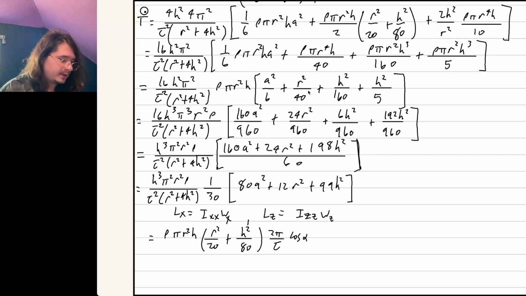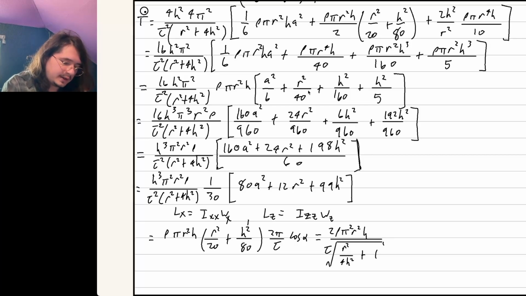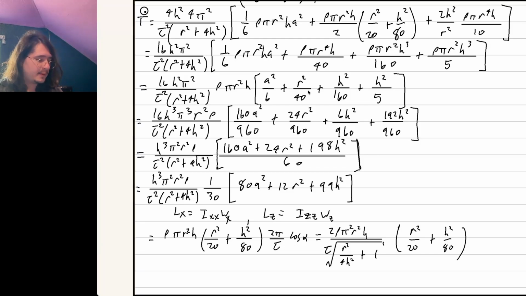And then we already found a form for cosine alpha. So it's rho pi r squared h over square root of r squared over 4h squared plus 1, over tau, and then that stuff. I don't see any point in simplifying that.